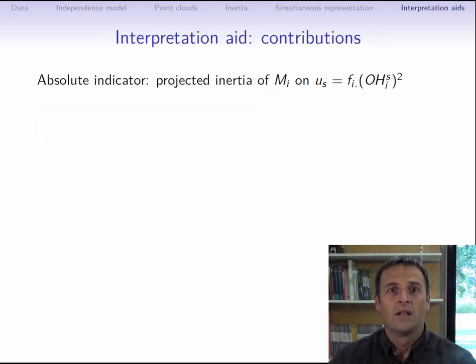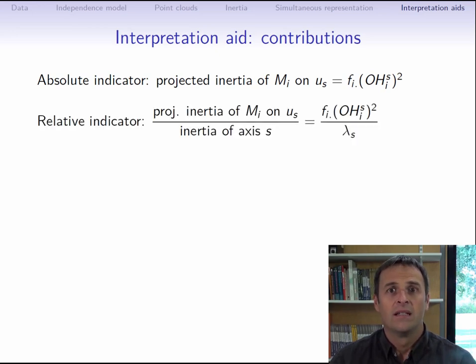The second classical interpretation aid found in all the principal component methods is the idea of contribution. To calculate the contribution of a point I to the inertia of the S dimension, we first calculate a row indicator, that of the projected inertia of the point, which equals Fi point times OHIS squared.